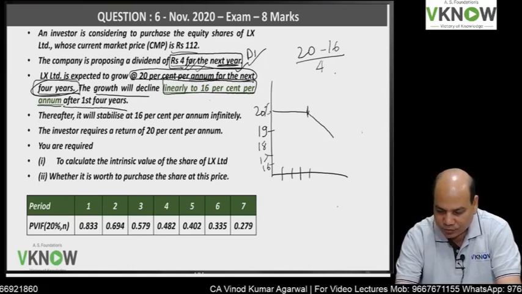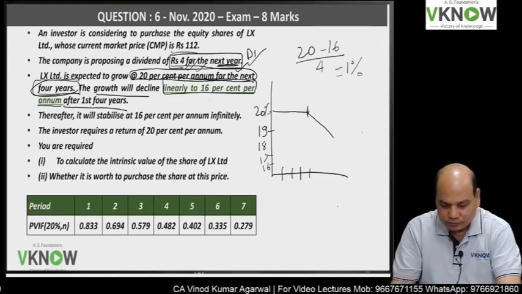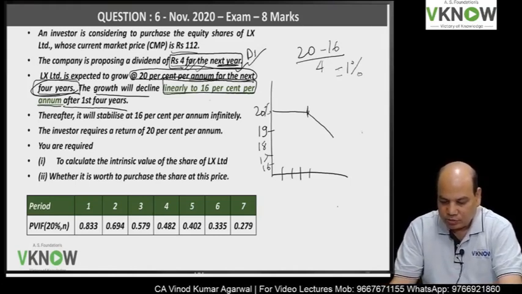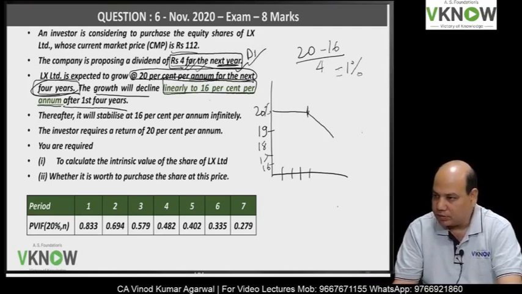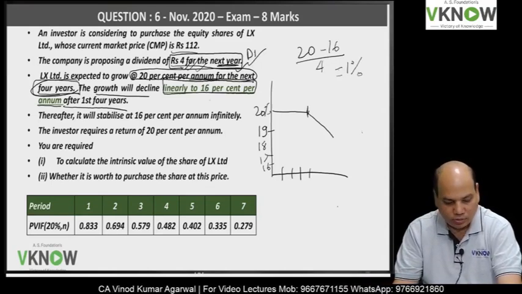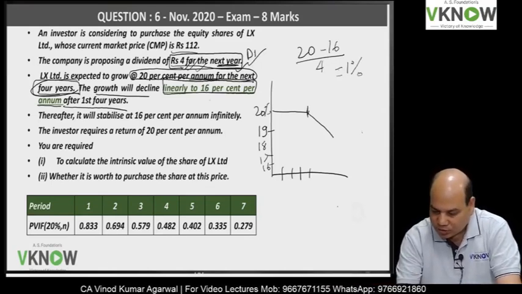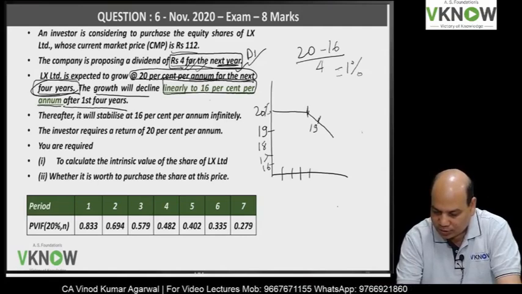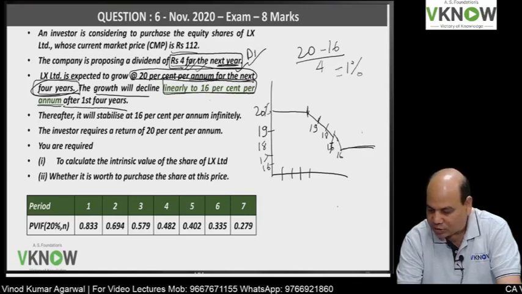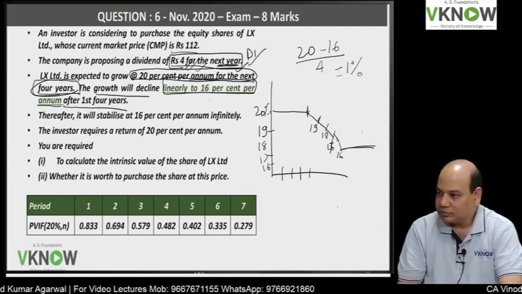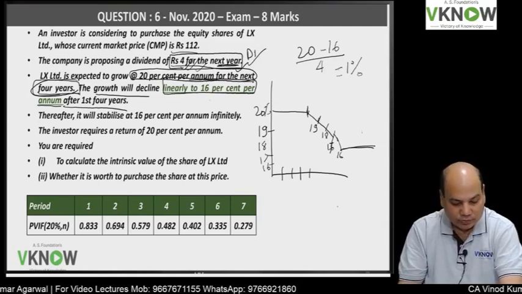So each year how much will be the decline? The decline will be 1%. So the growth rate will become 19, 18, 17, and then 16, and it will remain at 16 forever.